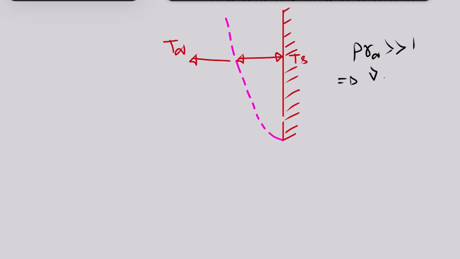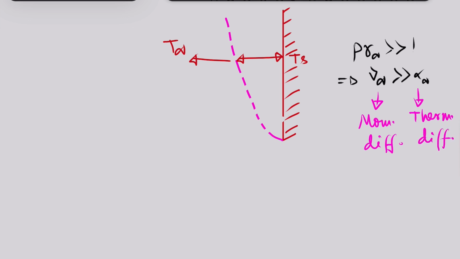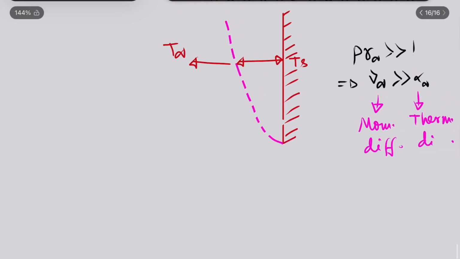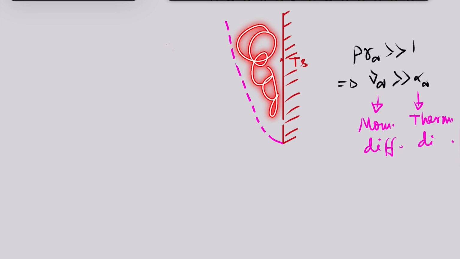That means my nu is much greater than alpha, where nu is the momentum diffusivity and alpha is the thermal diffusivity. This layer is the cause of the natural convection where the temperature difference prevails, so this layer is actually called the driving layer.